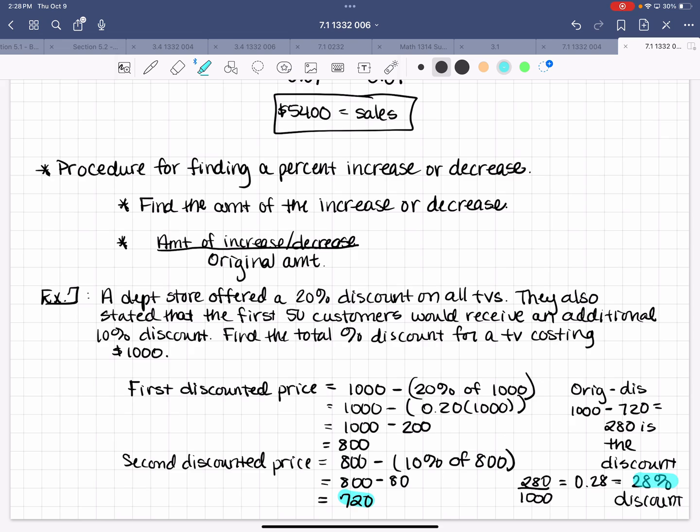So you thought it was 30% because it said 20% and 10%, but when we really calculated it, they took that last 10% off the 800, not the 1,000, so it was a 28% discount, not a 30% discount.